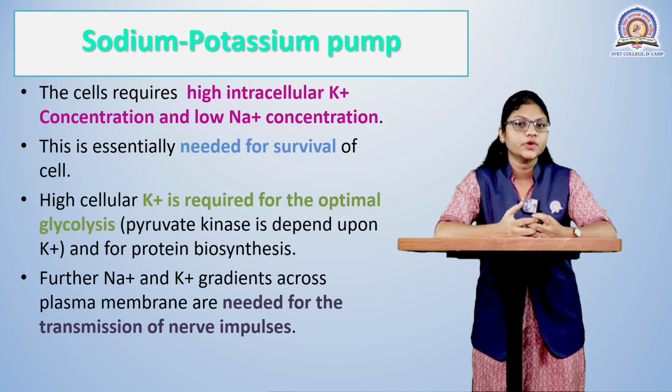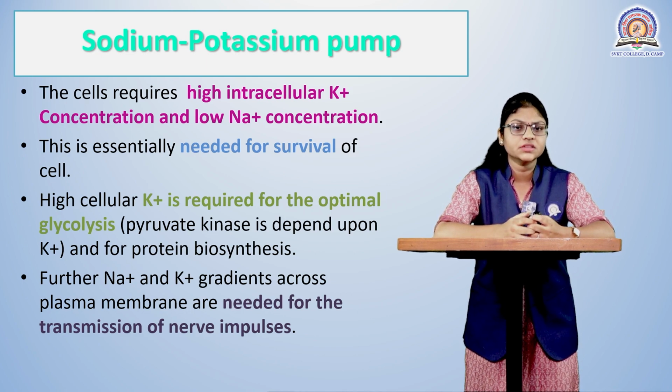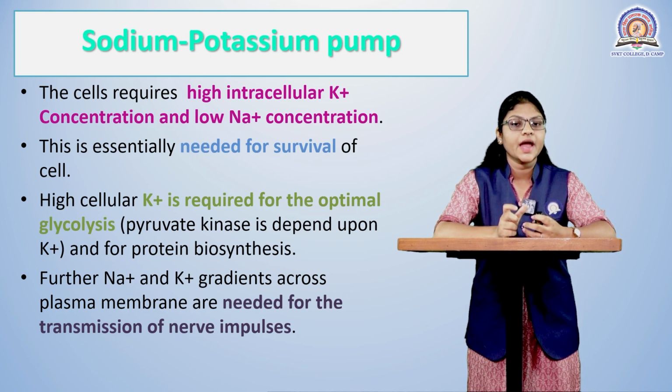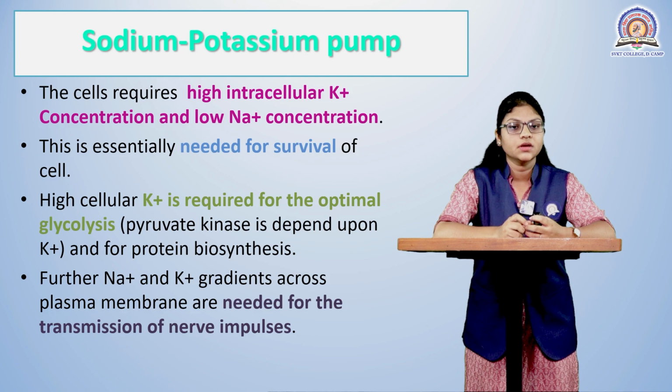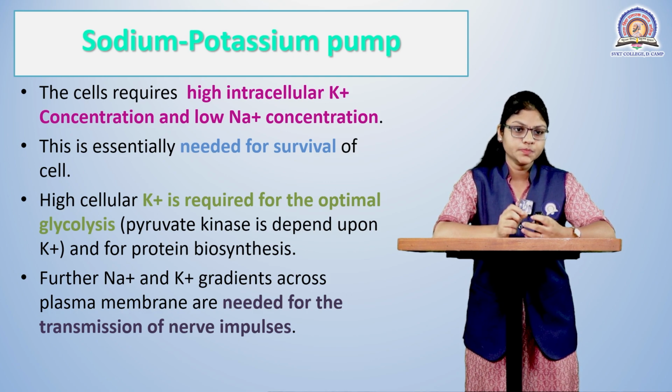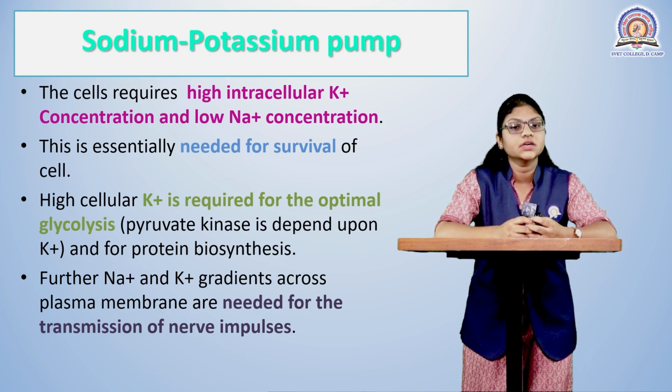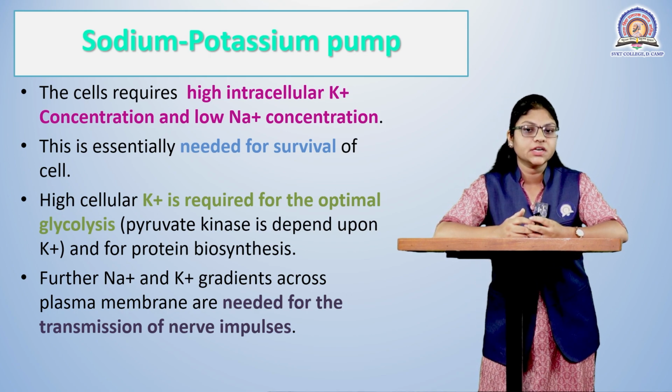In the sodium potassium pump, the cell requires a high intracellular potassium concentration and a low sodium concentration because it is needed for the survival of the cell and also required for different functions. The high cellular potassium is required for optimum glycolysis.